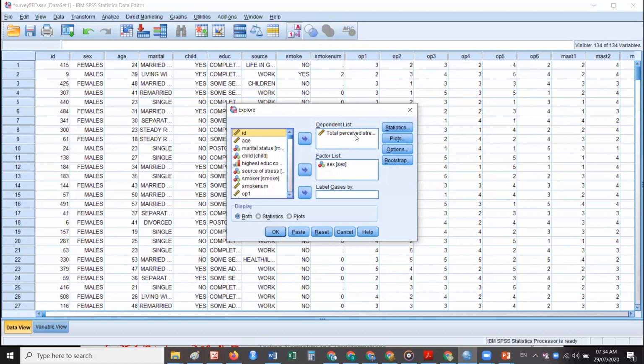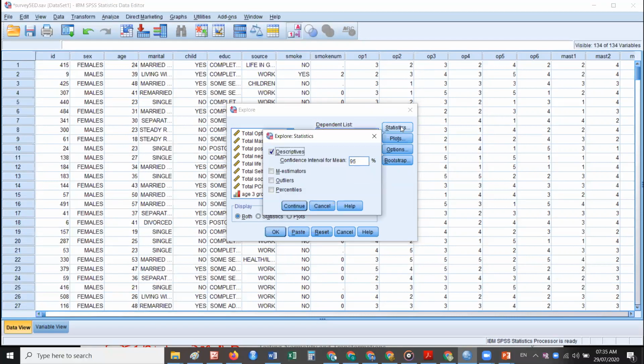In the explore, we have to select the variable. Initially, I want to select a variable which is total perceived stress, tpstress, because it is one of the quantitative variables. Just click the right arrow button in the dependent list to select this variable.